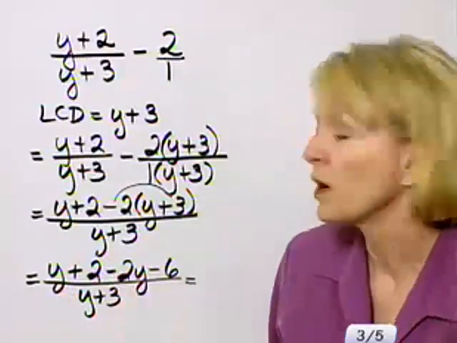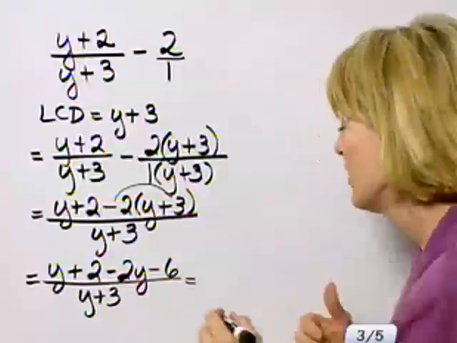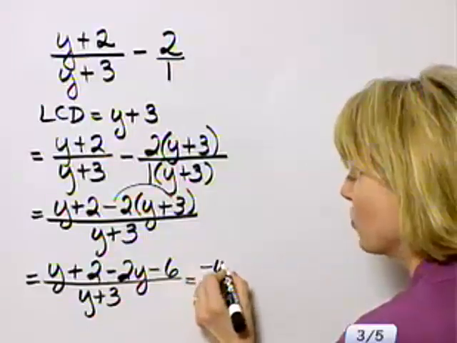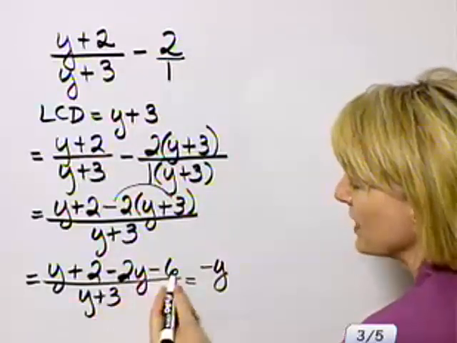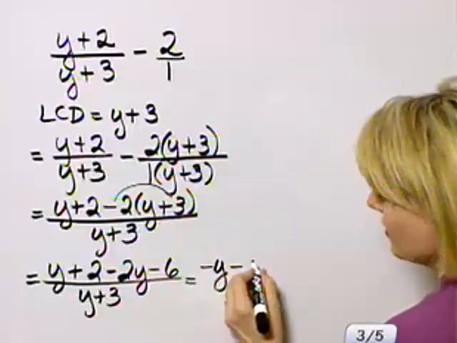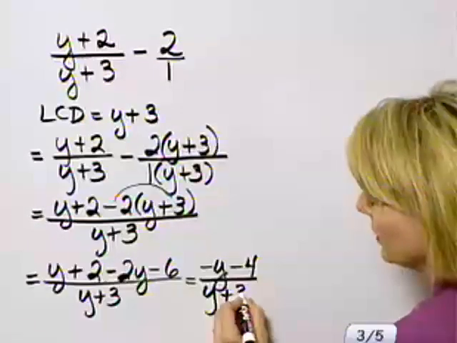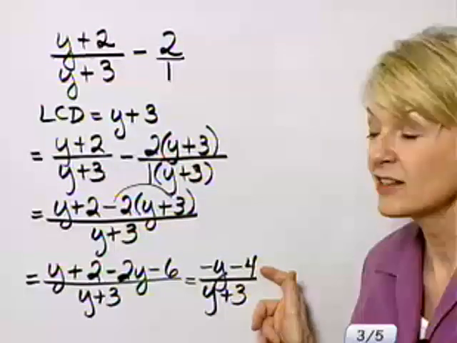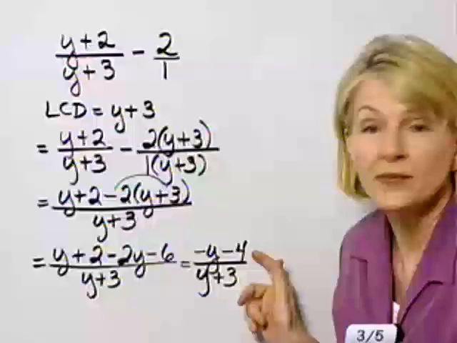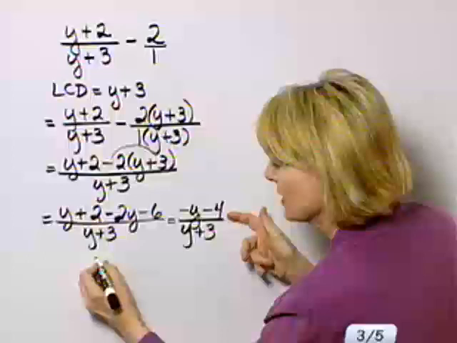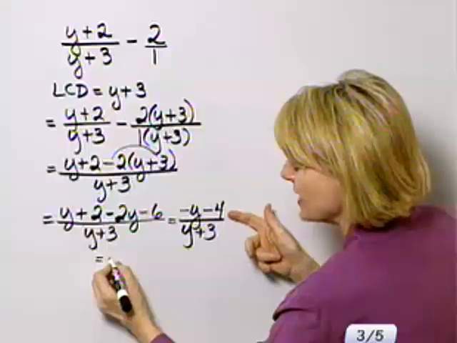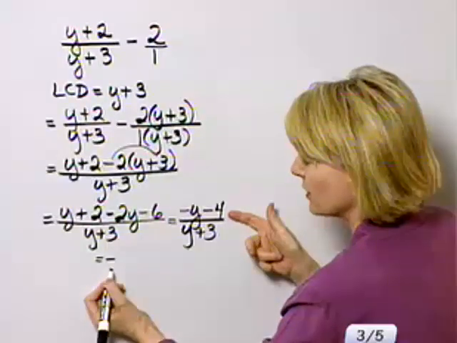y minus 2y, that's negative y, so I'll write that as negative y, and then 2 minus 6, that's negative 4 over y plus 3. That is perfectly okay. If you'd like, you can factor out a negative 1, and I'm going to write it out in front.